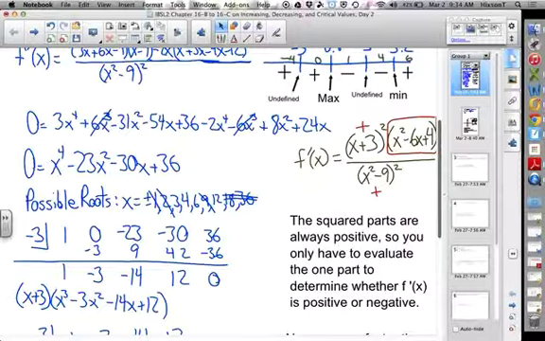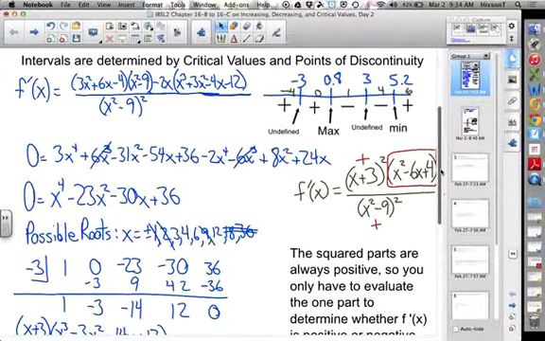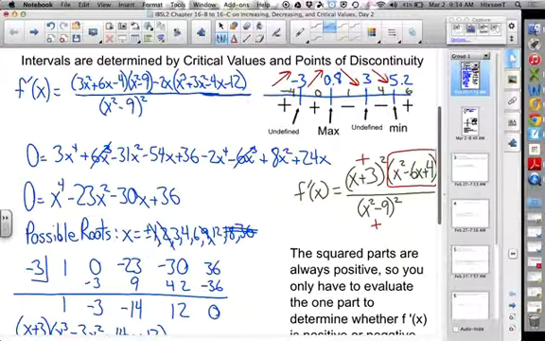So that'll save you some time evaluating. When you plug in -4, you can plug it in just to this x squared minus 6x plus 4. Alright, so I did that with all these. I got positive, positive, negative, negative, positive, which means our graph is going to be increasing in this interval, increasing on this interval, decreasing on this interval, decreasing on this interval, and then back to increasing on this interval.